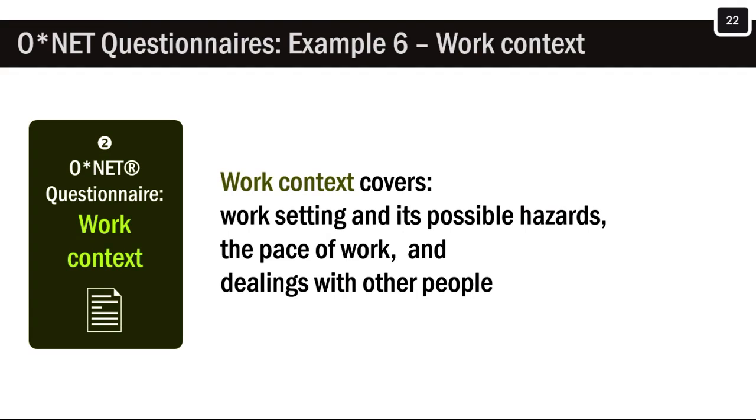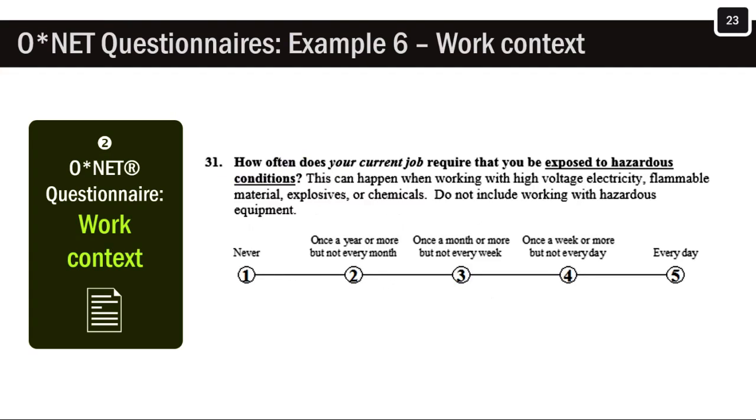And finally, there's a questionnaire on work context. This covers work setting and its possible hazards, the pace of work, and the interpersonal aspects of work. For instance, the questionnaire includes a question about the exposure to hazardous conditions.